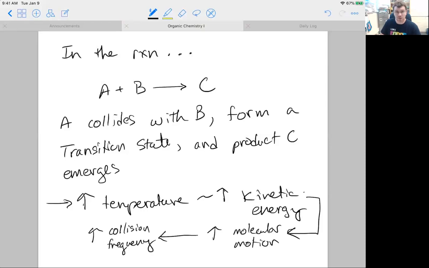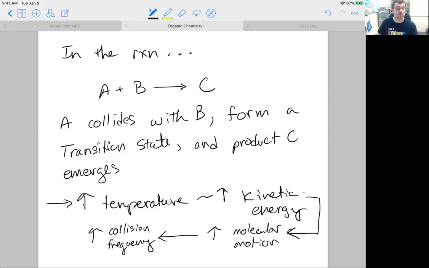As the molecules spend more time moving around, they're more likely to collide. If we have trillions of A and trillions of B, and they're moving a lot more frequently, the probability of A colliding with B to form an appropriate transition state structure is higher. So more temperature, more kinetic energy, more movement, more collisions, more reaction. That's where that intuition comes from.